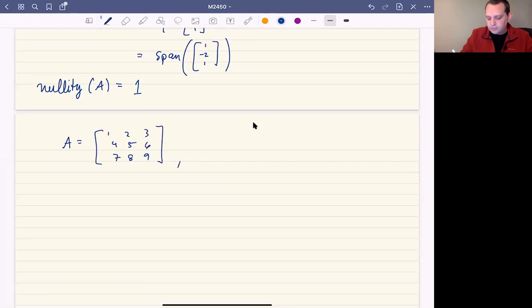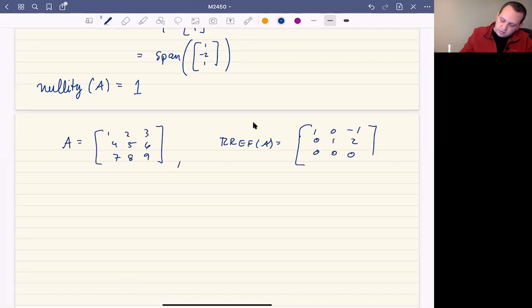We found that the reduced row echelon form of A, I'm just going to copy this down for convenience, was 1, 0, -1, 0, 1, 2, 0, 0, 0. And because we know the reduced row echelon form of A, there were 2 pivots, and therefore the rank was 2.